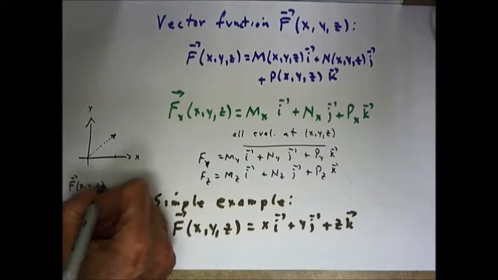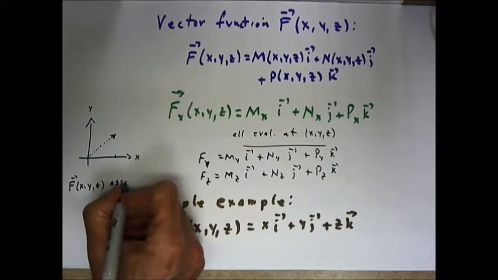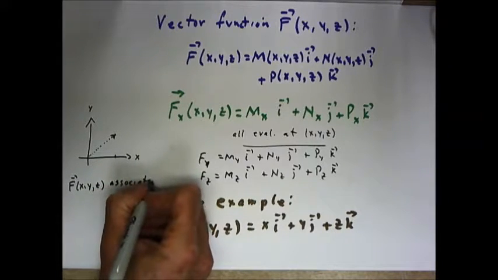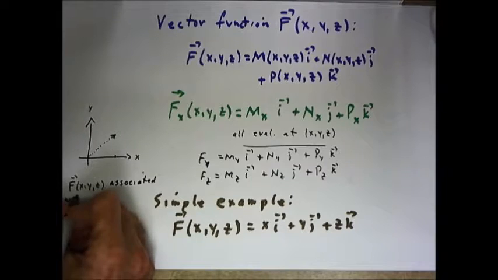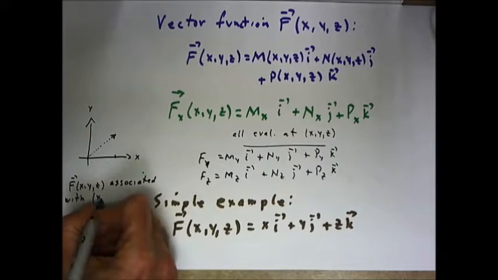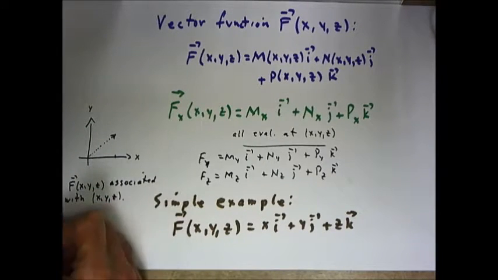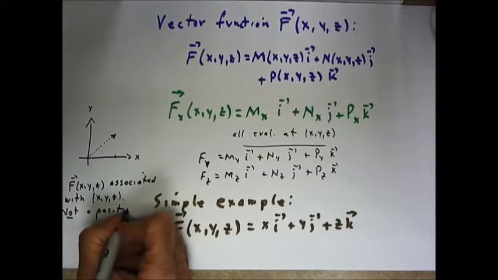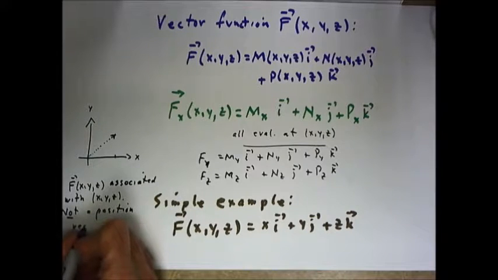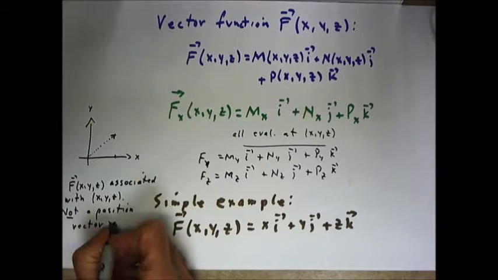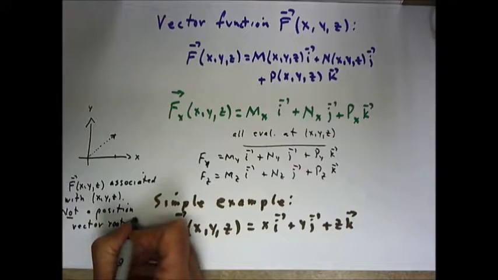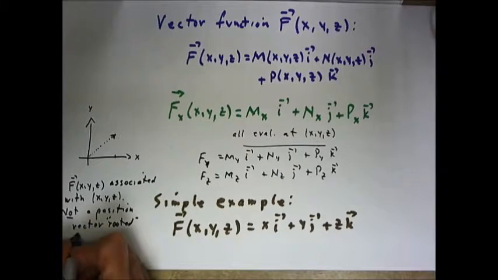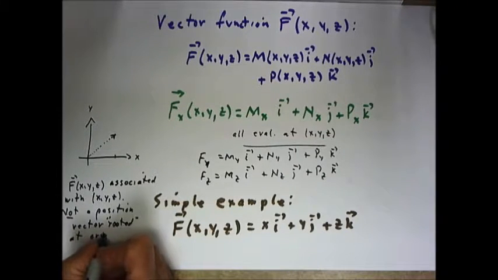So f of x, y, z is associated with x, y, z. It's not a position vector rooted at the origin.